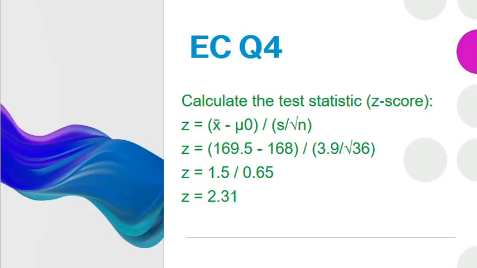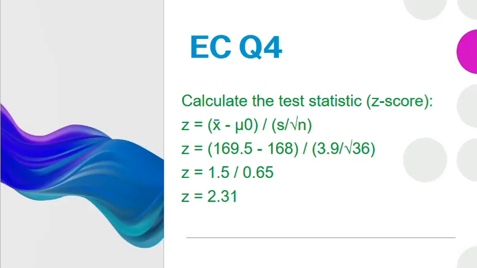All right, so to calculate the test statistic or z-score, here's the formula that we'll use. So z equals, in the numerator, we'll have x bar minus mu naught in parentheses and divided by the denominator of S, which is standard deviation, over, in the denominator, square root of n, which is sample size. So we're just going to plug and chug the values that were given.